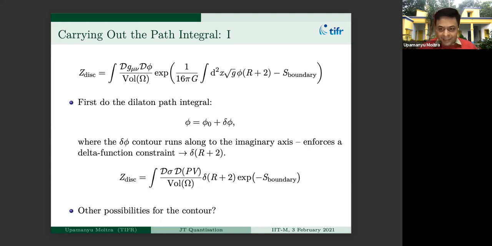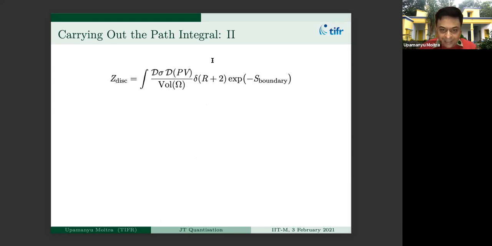However, this has not been done before, and let's hope someone does it soon, so that a more satisfactory connection of the JT model to near extremal black holes is established.